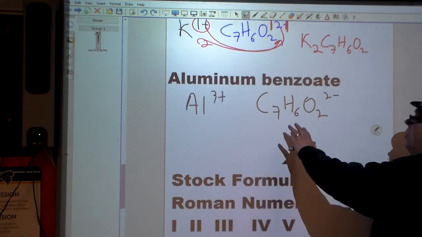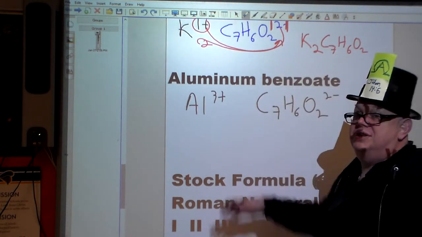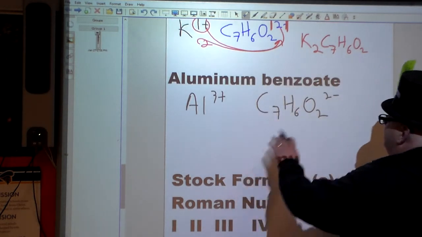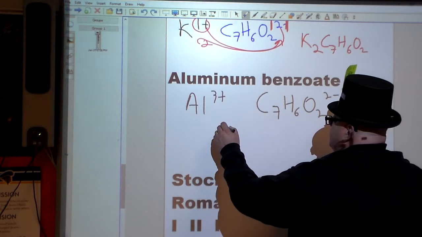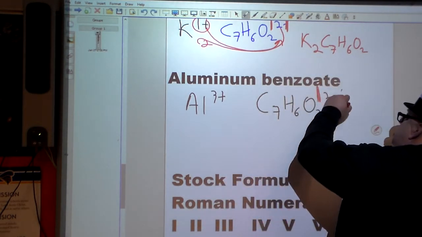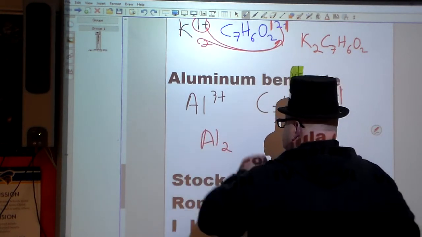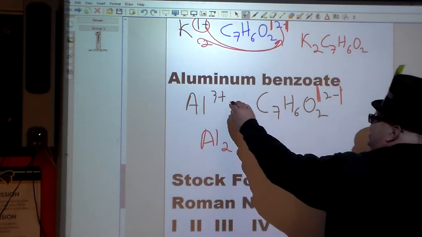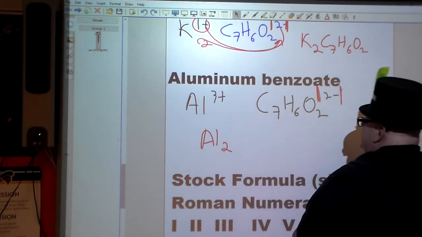Here, you're going to see the crisscross, and where is the parentheses? Because this one didn't have the parentheses. Sorry, guys. So we're going to still do the crisscross. So we know we have a 2 that changes to a +2, so we have Al2, right? Now we're going to take that 3 and we're going to have 3 of these. This is where it gets important.